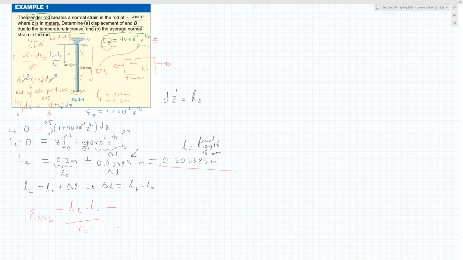Now I know my final length and my original length, and let's just find the average between those two states, not the in-between states. The problem that we did before is everything in between. So what is the final length of the bar? It's going to be 0.202385. Oops, that's the change in length. Oh no, that was right.